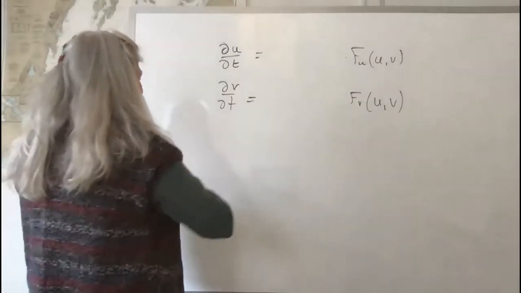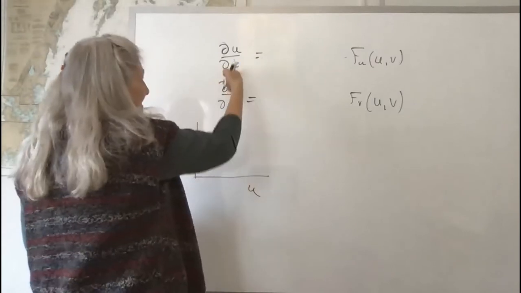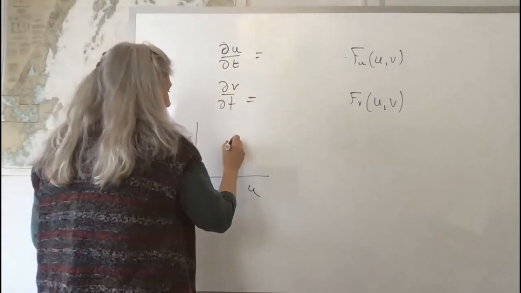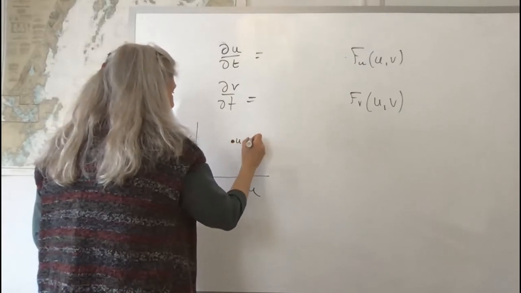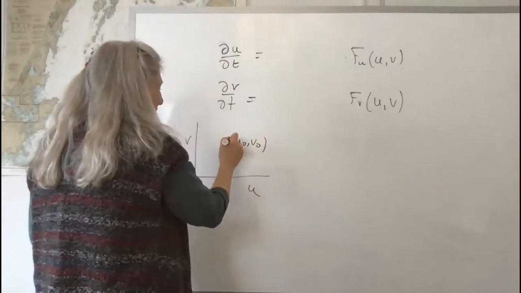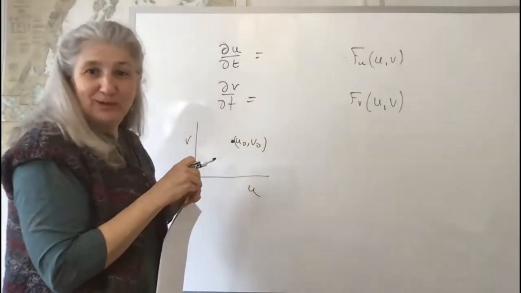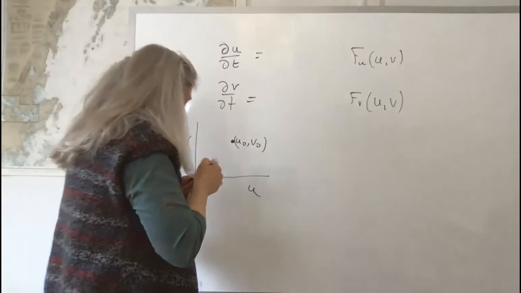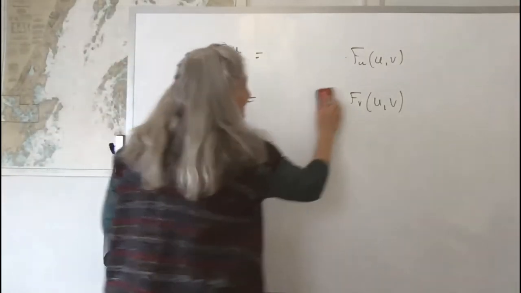So in this case, you can think about U versus V. And if du/dt is 0 and dv/dt is 0, then this is u0, v0. It's a point on this plot where there's no change. And so that's why I call it a fixed point. And then what we did is we expanded these solutions near the fixed point.